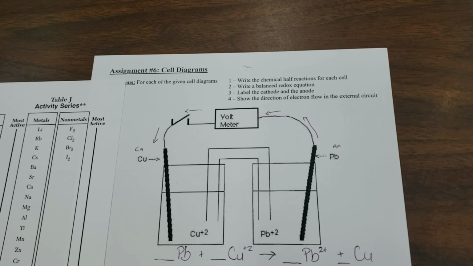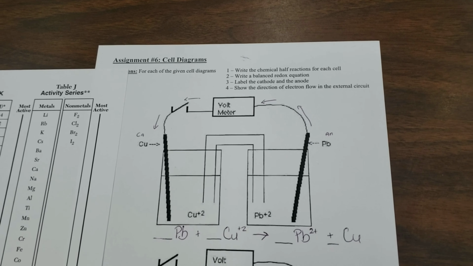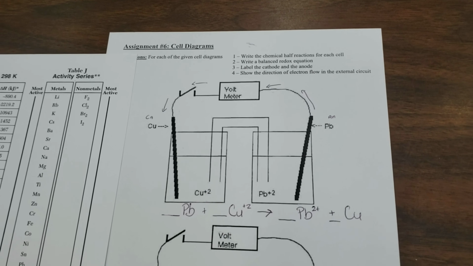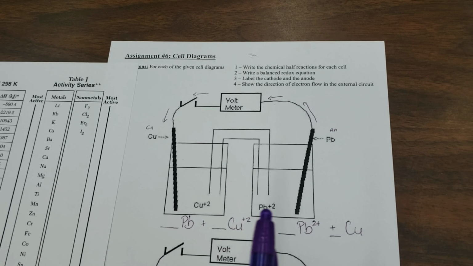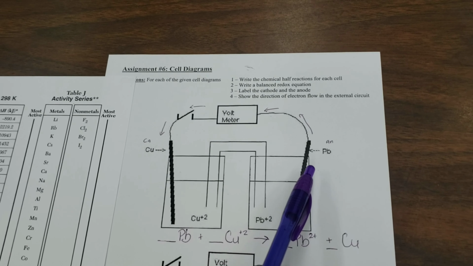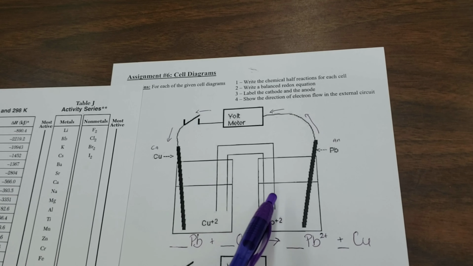And the next step is we have to write the half reaction. So what's the half reaction that's happening in this beaker right here with the lead? Since the electrons are going to leave and go up here, the lead is going to become lead with a positive 2 charge, and it's going to become part of the solution.